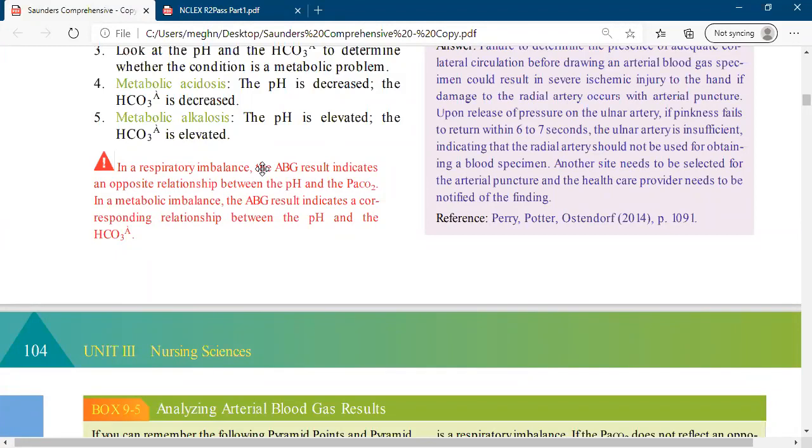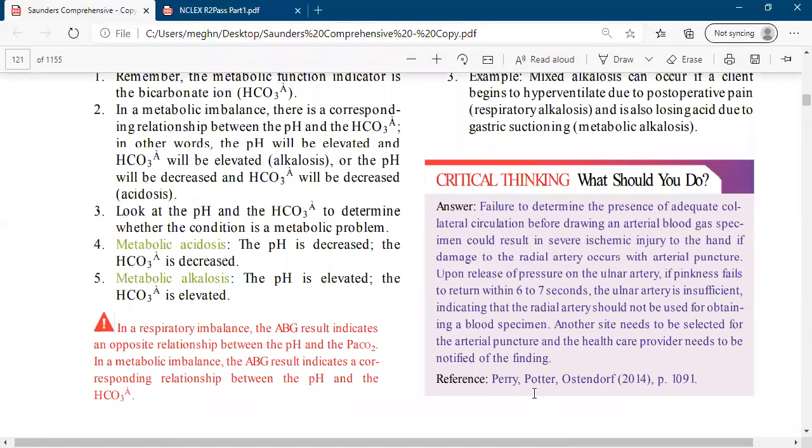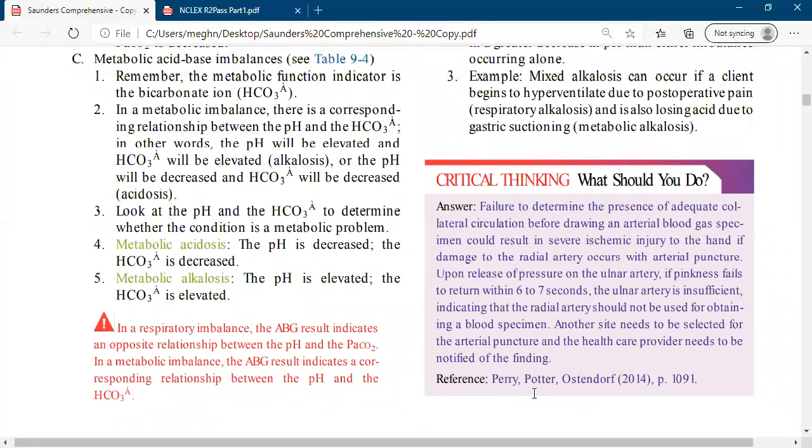If the patient has a metabolic problem, we can always see an abnormal bicarbonate ion. If the patient has a respiratory problem, we can see an abnormal partial pressure of carbon dioxide. So after the break, I'm going to explain more about acid-base balance, and we are going to make it easy.